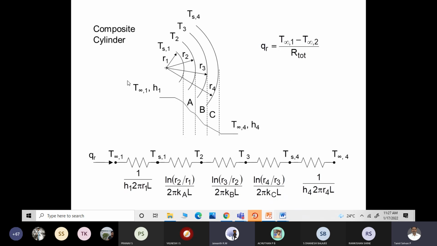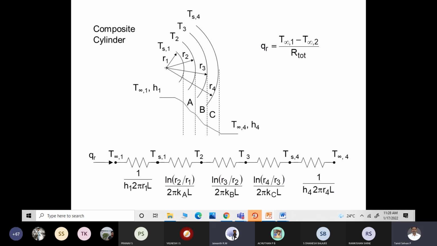The inner fluid may be hot steam and the outer fluid may be cold fluid. In that case the resistance will be like this: convective resistance offered by the fluid inside, then conductive resistance offered by the pipe material, first insulator, second insulator, and again convective resistance offered by the cold fluid. Is it fine?